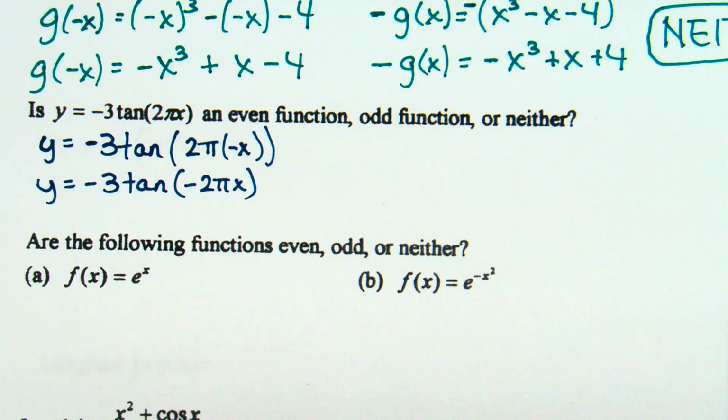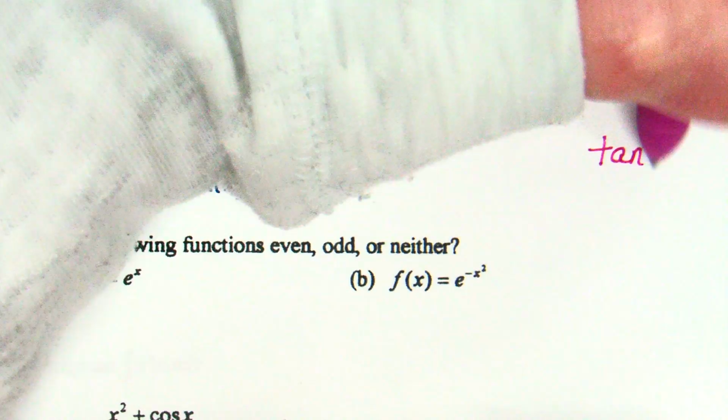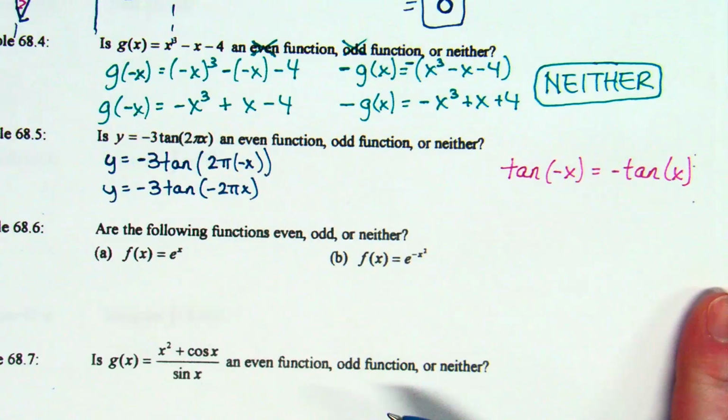It's a negative. It's our even odd functions from last year. The fact that tangent of negative x is equivalent to negative tangent of x.